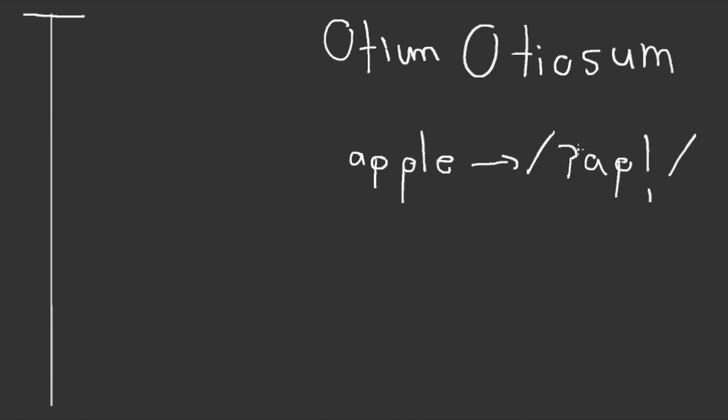Okay, so we are not going to write apple, we are going to write otium. So actually, let me write otium in the International Phonetic Alphabet. So we begin with a glottal stop, and then an O, and then a T, otium, more or less. And then another glottal stop.